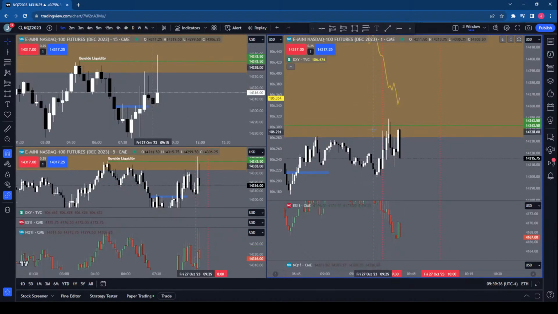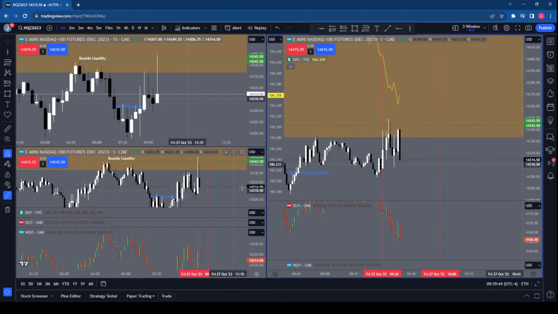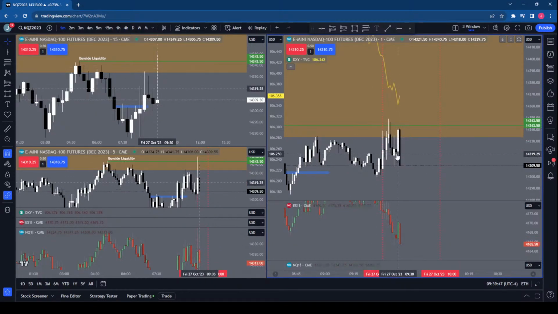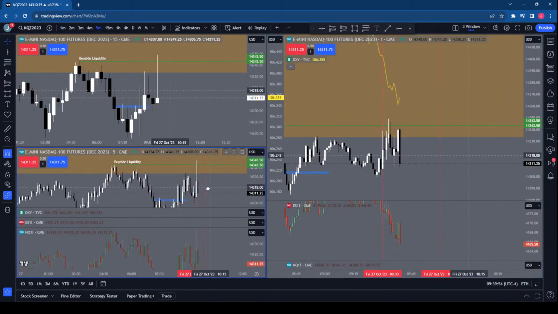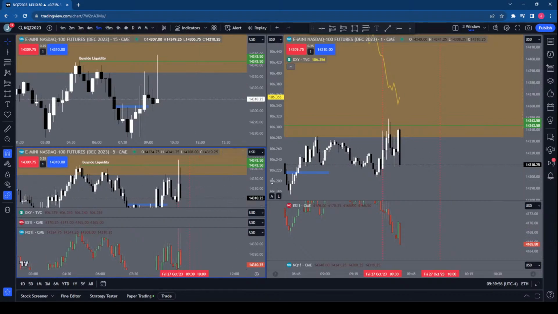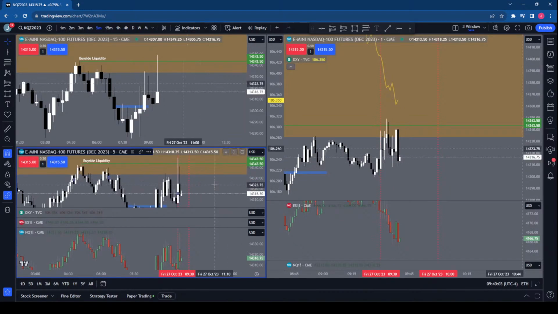ICT says it's not noise, but what it is is time distortion. That's the word he uses. I feel like you can see that it's more prevalent on the lower time frames when it is happening, because you're getting more data so you can see it, whereas on the higher time frames the picture might be a little more clear.